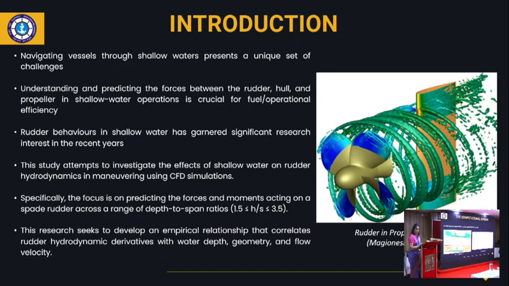So this is the computational domain. Looking at it, the rudder is placed in the domain, and the boundary conditions imposed are specified here. We have the inlet with inflow conditions and the outlet with outflow conditions. The top has a slip condition, and the sides also have slip. The rudder is a no-slip wall, which means the boundary layer is considered. Similarly, the bottom is also a no-slip wall, so a boundary layer is considered there too.